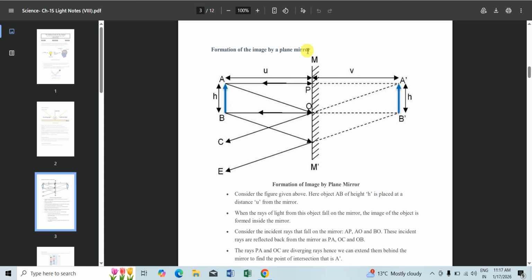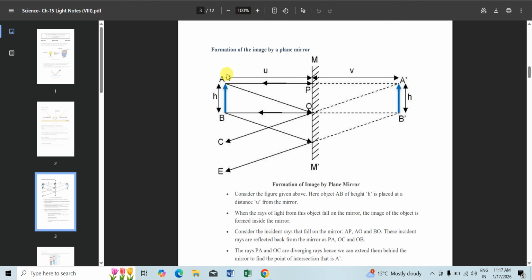Formation of image by plane mirror. So for this diagram, don't go deep, just understand what it wants to say. It wants to say that the image created of the object is always virtual.